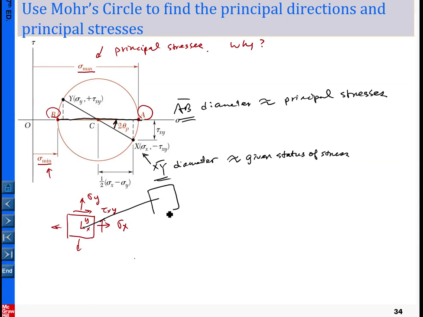So for example here, this is x prime y prime, and this is sigma p. Sigma p is our principal direction. When we operate in the transformation of the coordinates, that is an angle, and when we do the same thing on the Mohr circle, the angle will be doubled.